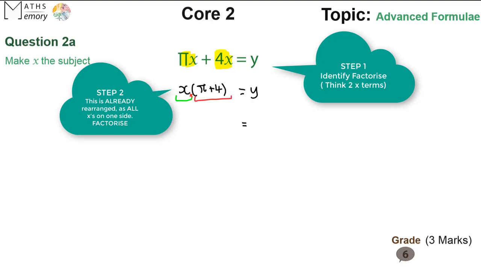This allows you to simply divide this. So we could do x equals y all over whatever we see, multiplying the x, which is a bracket, and it's pi plus 4. Okay, so fairly simple. This is called factorizing when you have 2 terms of x involved.